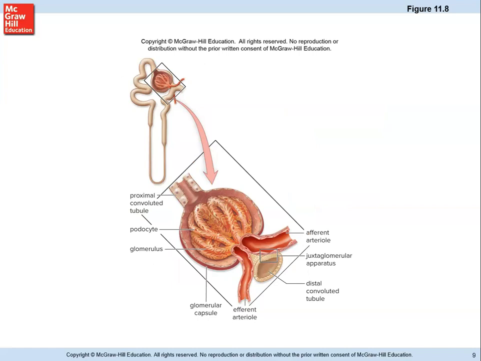Now, what we've been looking at is a generic structure of a glomerulus, nephron loops, proximal and distal tubules, collecting duct, all that good stuff. But there are actually two different kinds of nephrons. And what we've talked about so far were considered cortical nephrons. And cortical nephrons have short nephron loops.